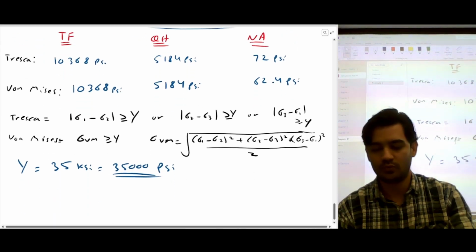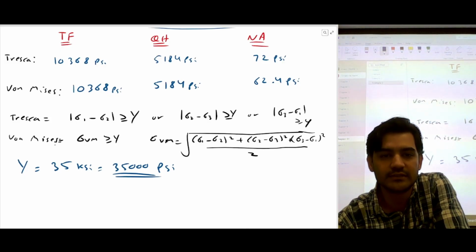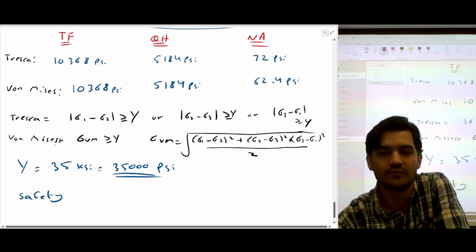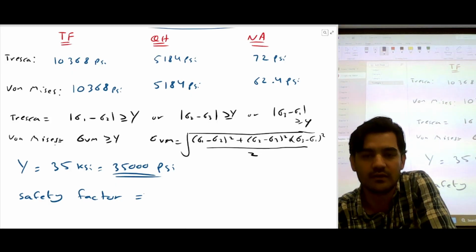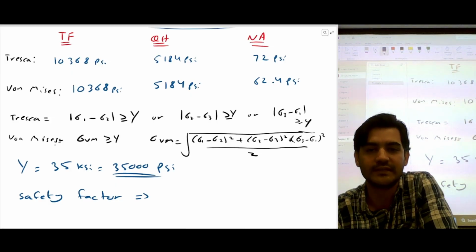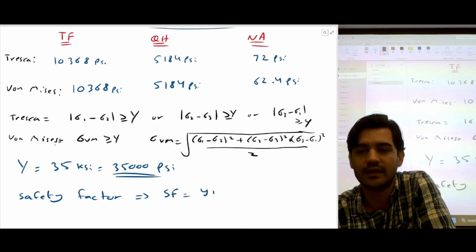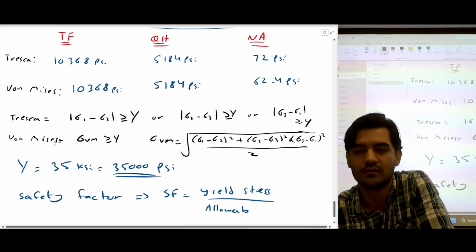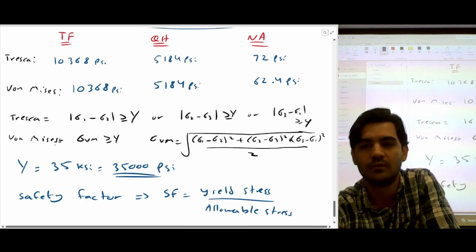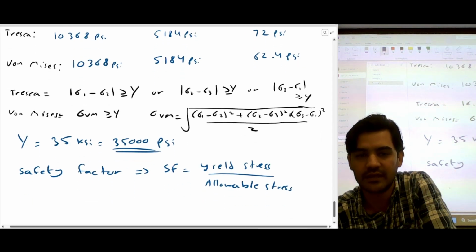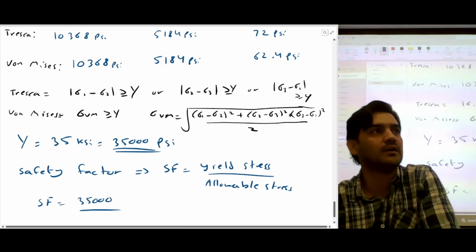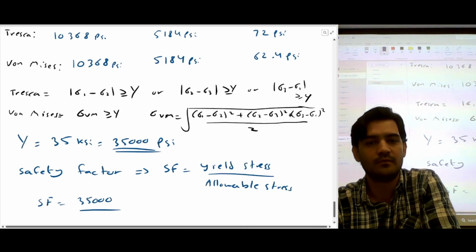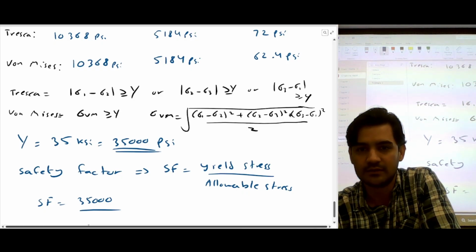And also, we can calculate something called the safety factor. Safety factor is how safe our member is with respect to the maximum stress it can take. So the formula for safety factor is yield stress divided by allowable stress. Our yield stress is 35,000 psi, which is the maximum stress our member can take without yielding.